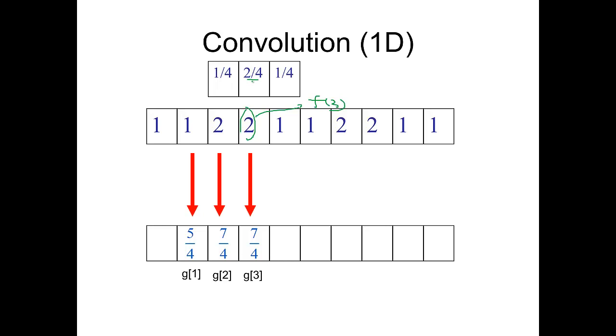So this is H0. H0 needs to multiply this one. H negative 1 will multiply F4. Then H1 multiplies F2. You just do the same computation, and you will get this value. That's G3. Then you can do G4, G5, G6.